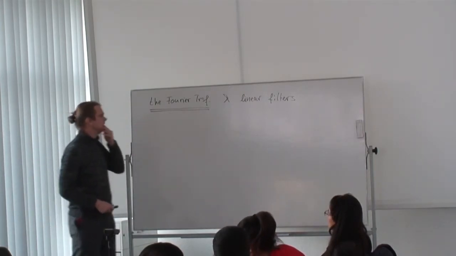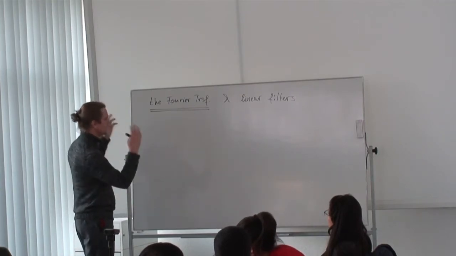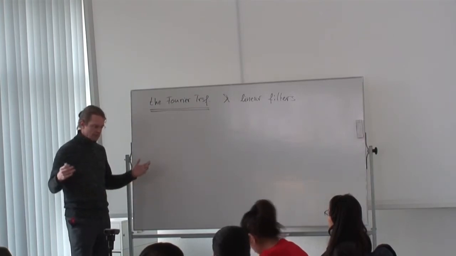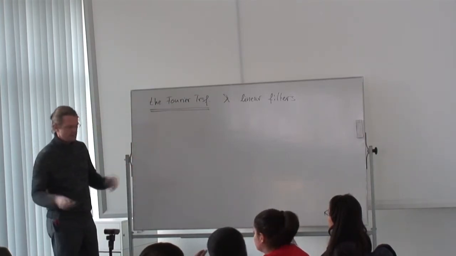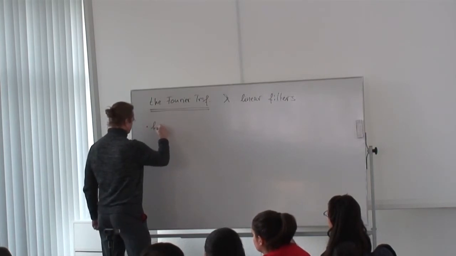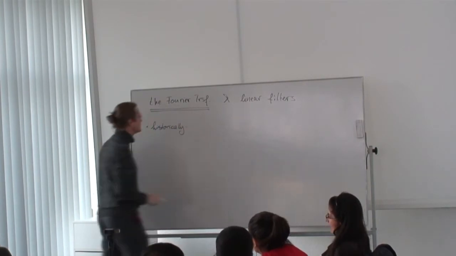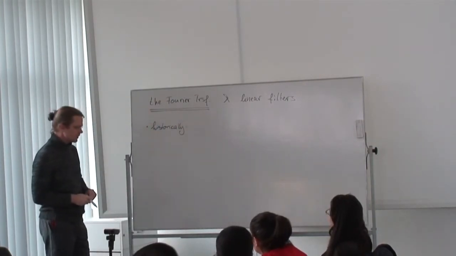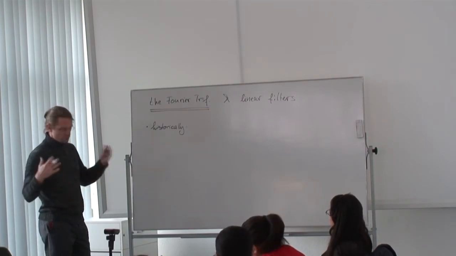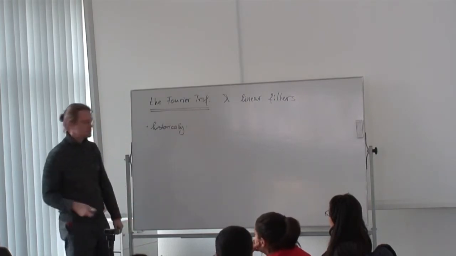Now, what is the Fourier transform? The way I am going to expose you to that is that we will first have a look at why it was developed. Historically, this idea of the Fourier transform came about because people were looking for a tool, a way to simplify the treatment of certain differential equations.